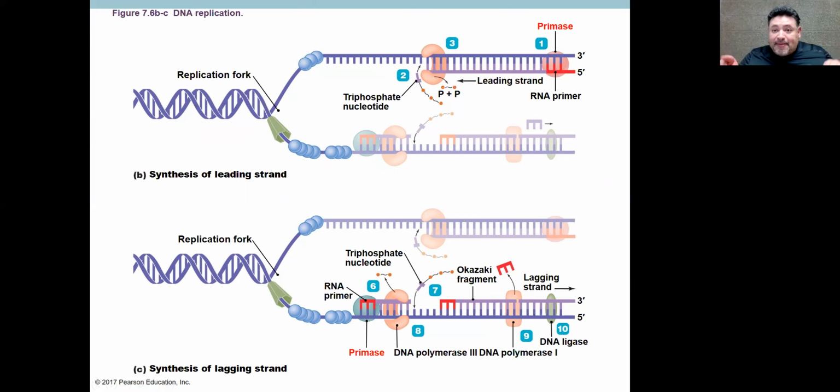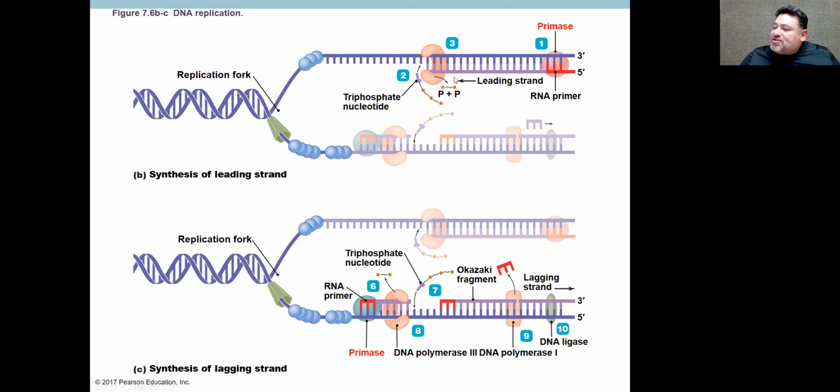So when the replication fork opens, this DNA polymerase just keeps on chugging along. It doesn't stop. The other strand, okay, if this is a 3 prime, then this is a 5 prime, and that means that the complementary strand is being polymerized in a 5 prime to 3 prime direction in the opposite direction. So here, before the polymerase can polymerize, it has to wait for the replication fork to open before it can associate with it and form a 5 prime to 3 prime piece of DNA.